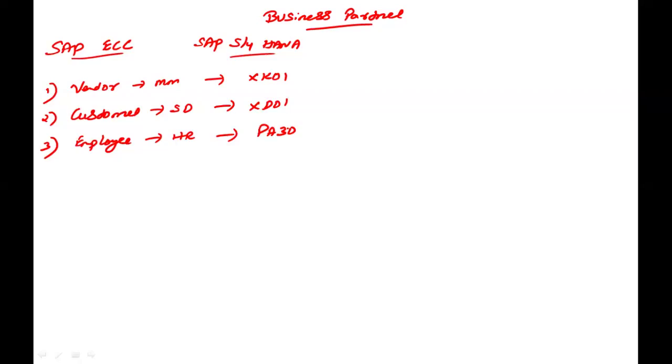Now, when this was happening, SAP thought of combining all these master data into a single master data. The reason behind that is, for example, take Amazon. In Amazon, there is a person P1 who is an employee. He is working for Amazon and he is an employee of Amazon.